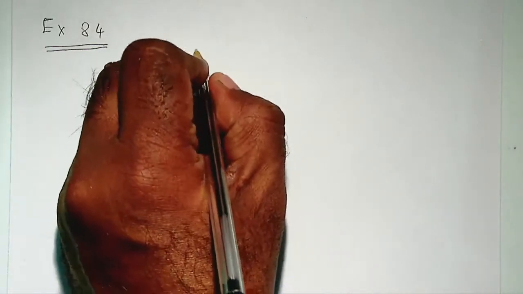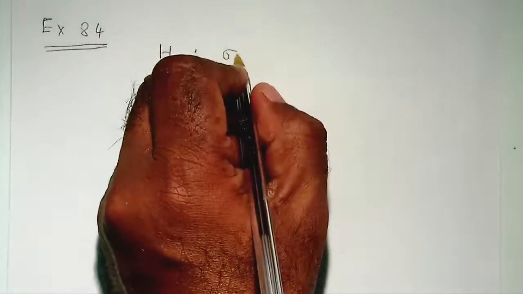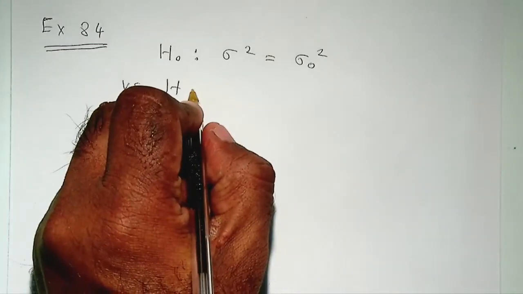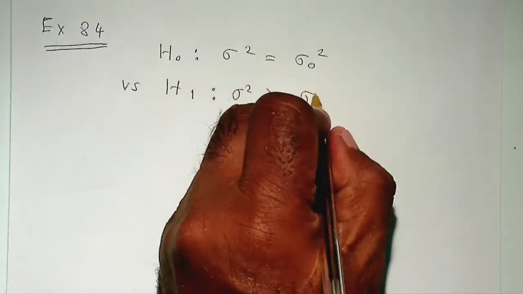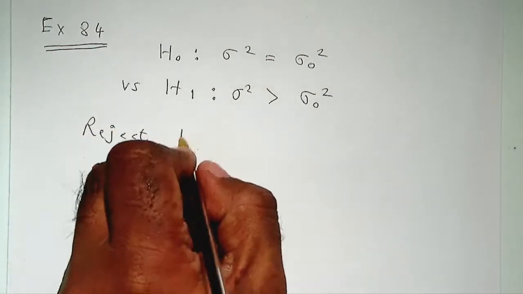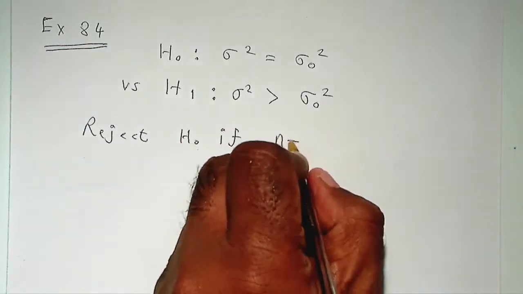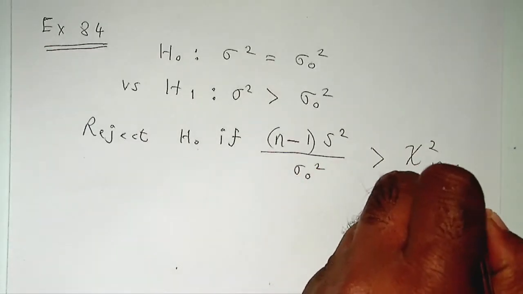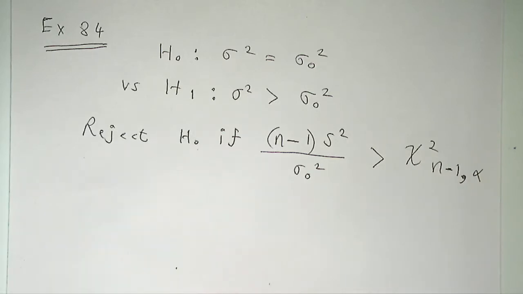So you're testing this versus this, where sigma squared is the variance, S squared is the sample variance, n is the sample size, and this is a percentile of the chi-square distribution.